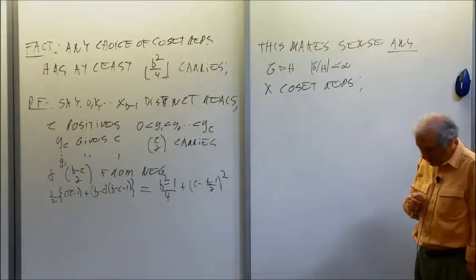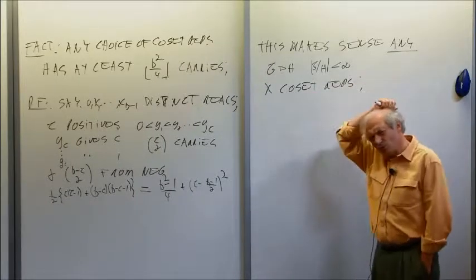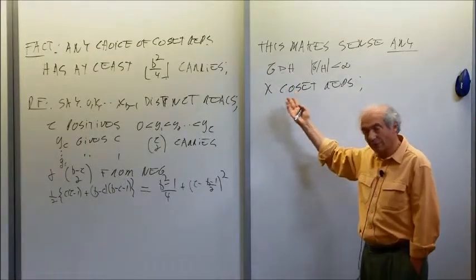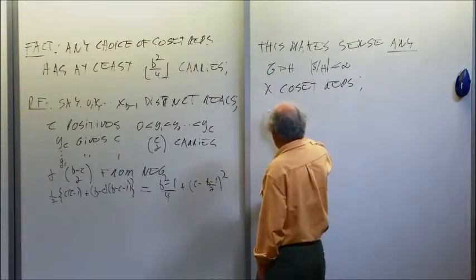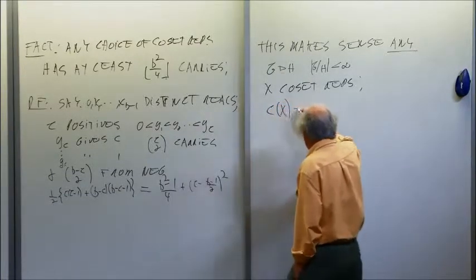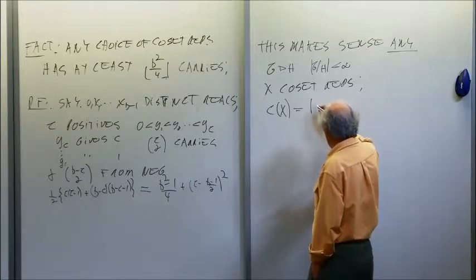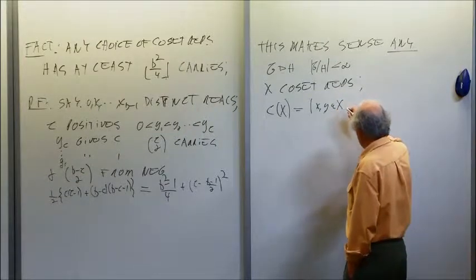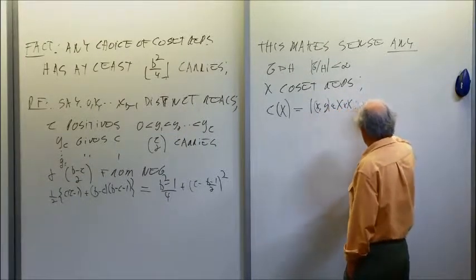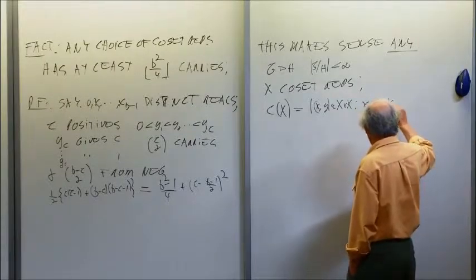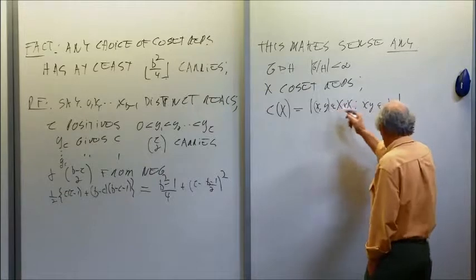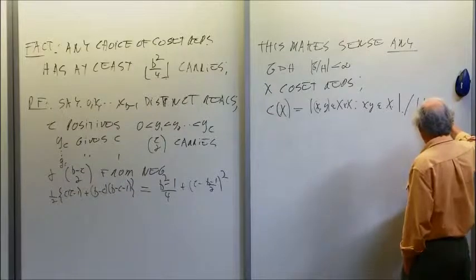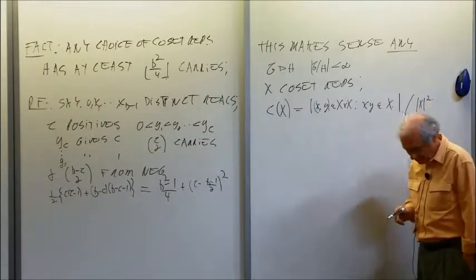Most of those questions are open, but as a notion of how close X can be chosen to be a subgroup, so to have no extra carries, let C of X be equal to the number of ordered pairs XY in X cross X such that X times Y is also contained in X. So that's the number of good things that can happen, and let me normalize it to make it between 0 and 1.